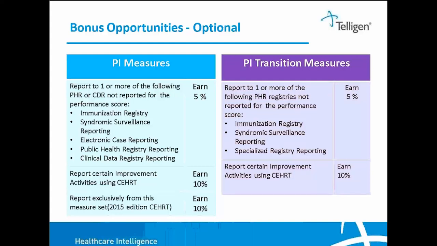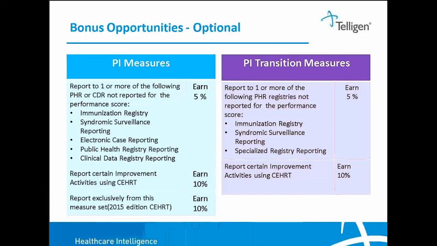Reporting a yes to one or more additional public health and or clinical data registries beyond the registry reporting in the performance category will result in an additional 5 percentage points. Reporting yes to the completion of at least one specified improvement activity using your CEHRT will result in 10 percentage bonus points. So that's why Michelle really highlighted that, because that's 10 additional points.